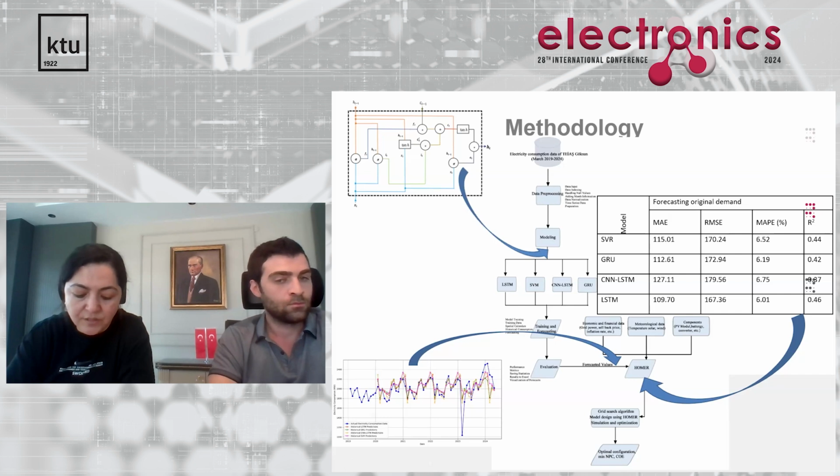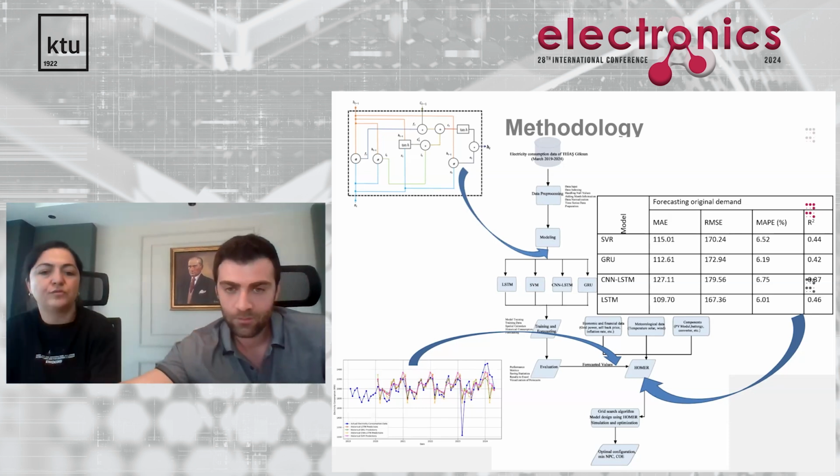It takes prediction data as input, and determines the optimal parameters using a grid search algorithm. It performs simulation and optimization processes, and after the optimal configuration settings, it calculates emissions, minimum net present costs, and the cost of electricity generation. I can now represent the results obtained with HOMER.